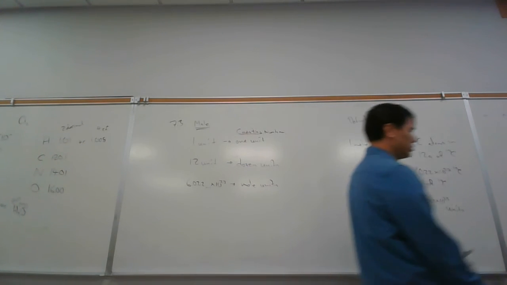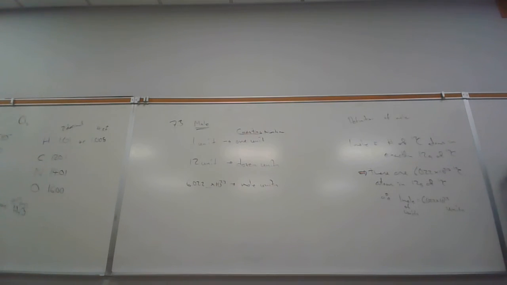So to make a long story short, this is why they did this. How much does a carbon-12 atom weigh? One single carbon-12 atom. One single carbon-12 atom weighs exactly 12 AMU. And so this is called isotopic mass or atomic mass. And so we have 12 U per carbon-12 atom or nuclide. Nuclide's another way I can say it.